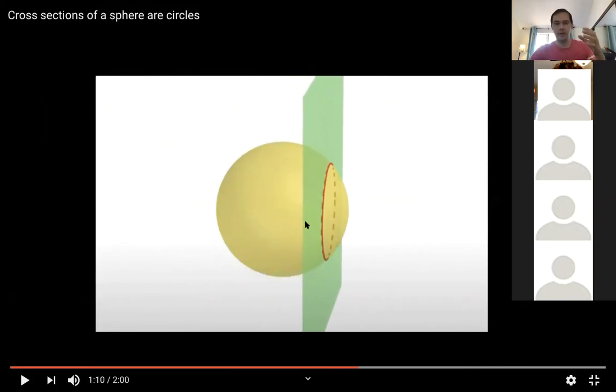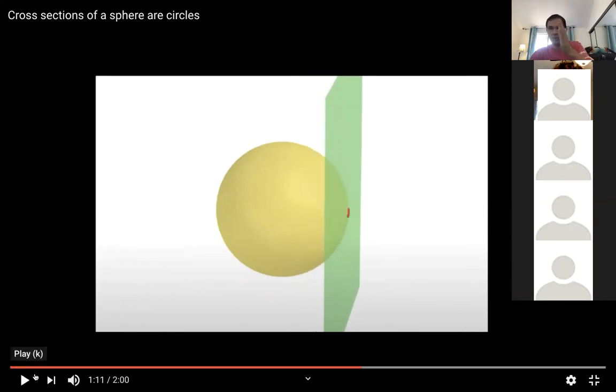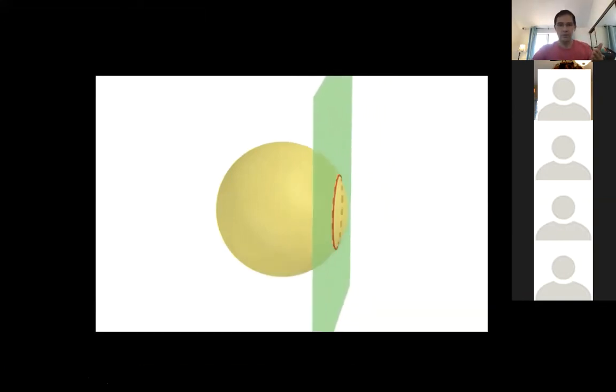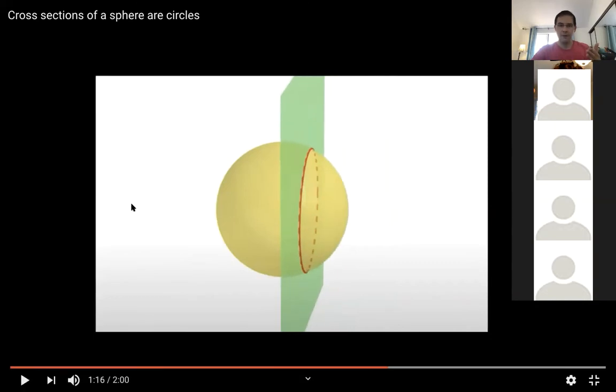See for example here, this is the cross section that corresponds to some specific point on the x-axis, and here the cross section is a circle. But when I move this cross section a little bit more to the right, the circle is smaller. So the point is that the cross section will be a function of x.